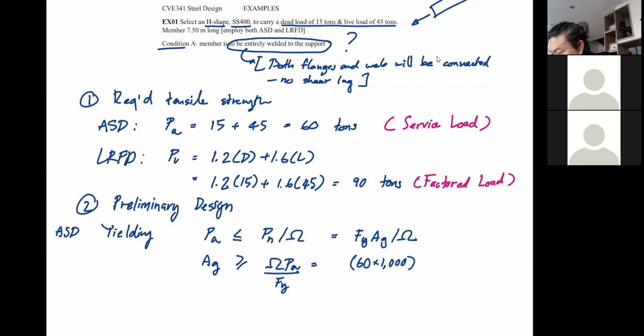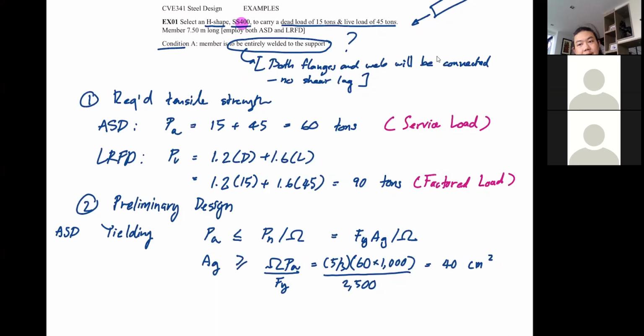Factor of safety is of course 5/3 or 1.67. Because we are saying that we use SS 400, FY is going to be 2,500 kilogram per square centimeter. So this gives me the area of 40 square centimeter.